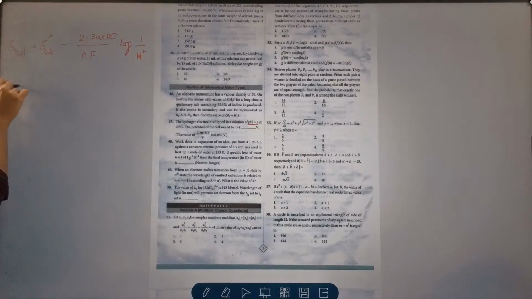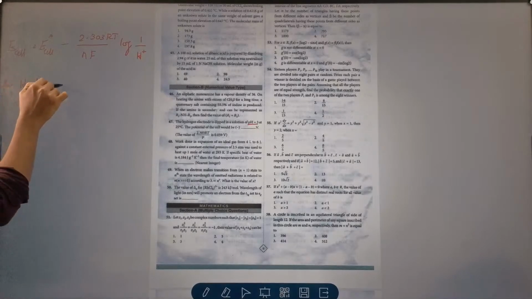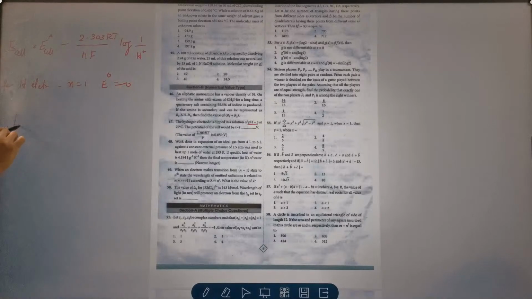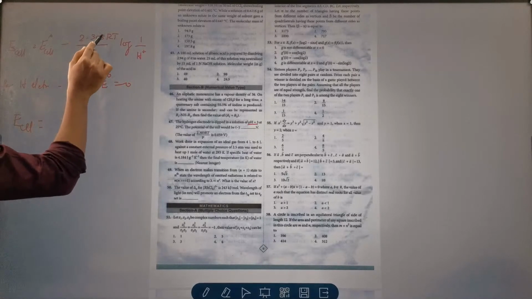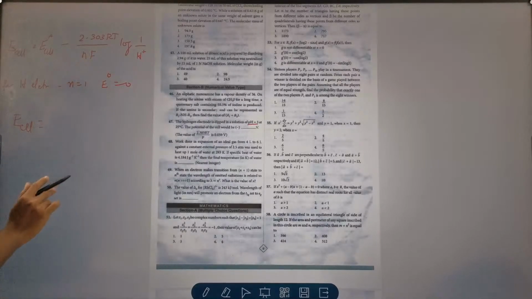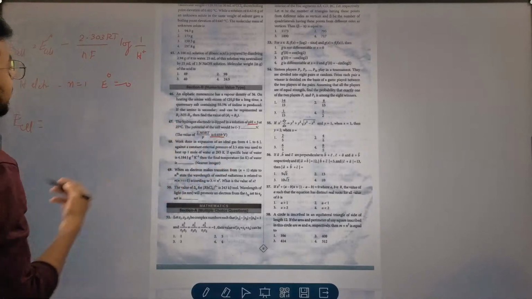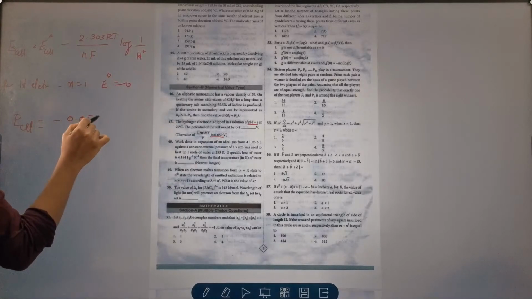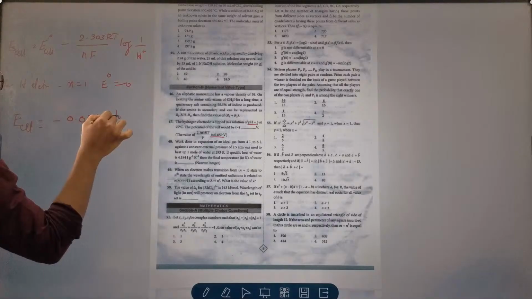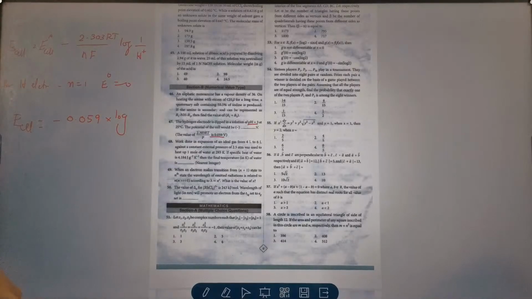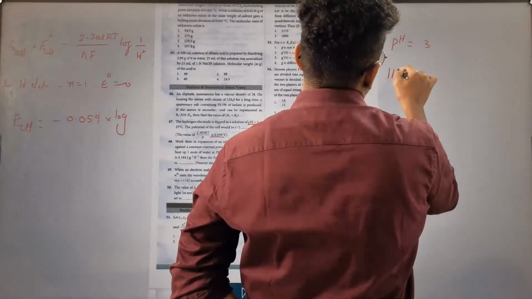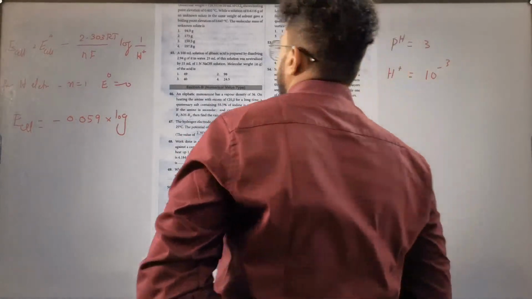For the hydrogen electrode, N is equal to 1 and E0 cell is equal to 0. On substituting, E cell is equal to minus 0.059 multiplied by log of H plus concentration, where pH is equal to 3. Say H plus concentration is 10 raised to minus 3.